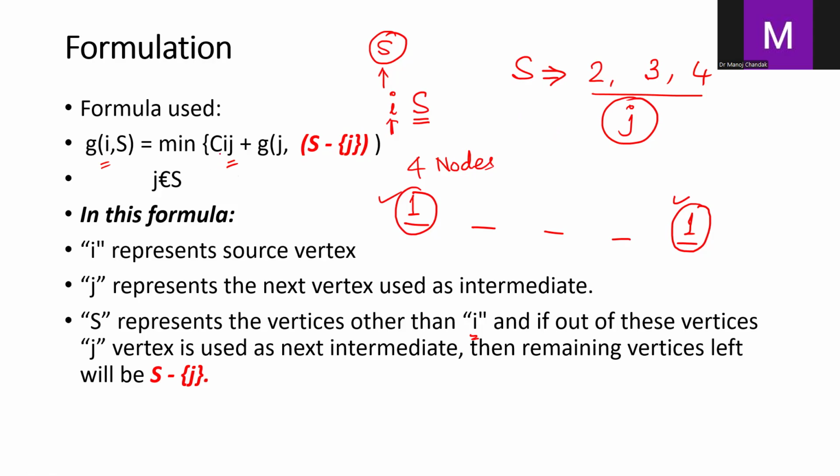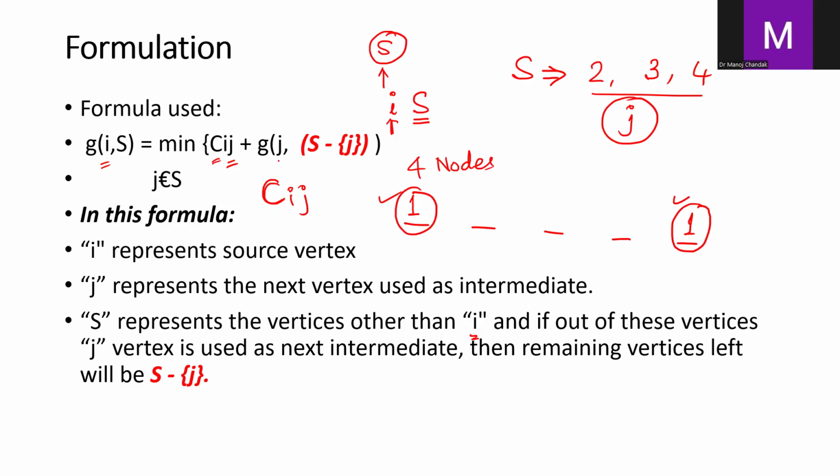If I want to start from a vertex i and travel to some next vertex, I will have to pay some cost. This cost is treated as the cost of traveling from vertex i to vertex j, that is C of i comma j, where C represents the cost matrix.